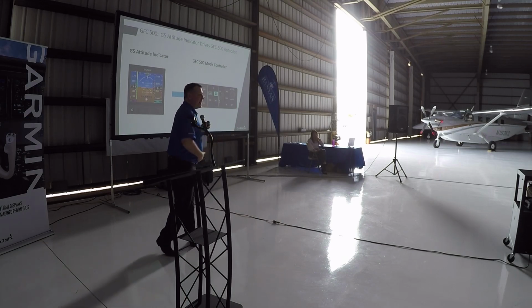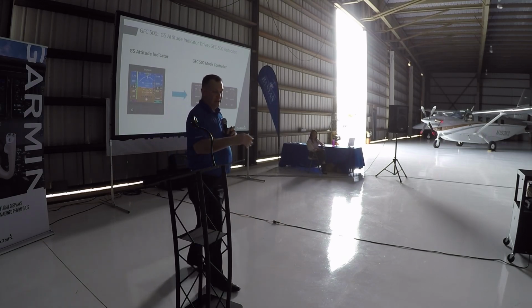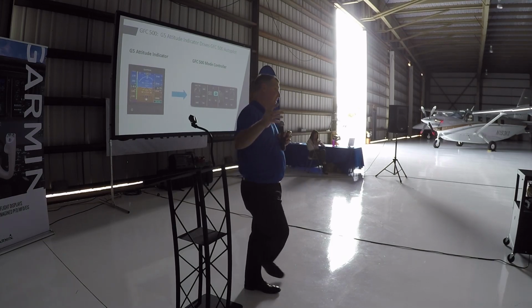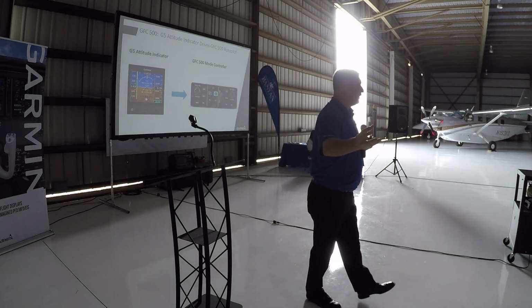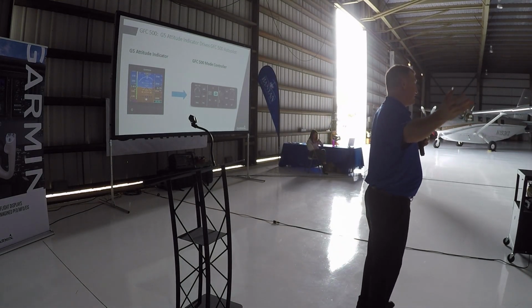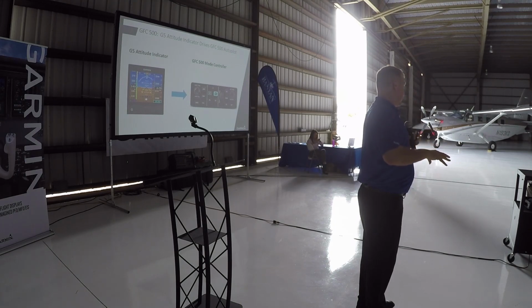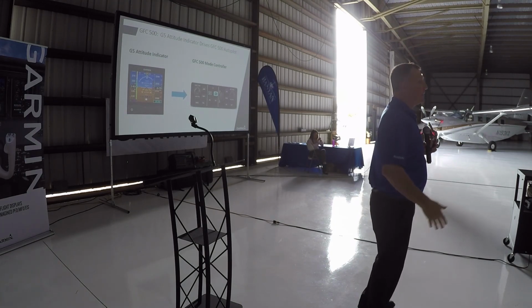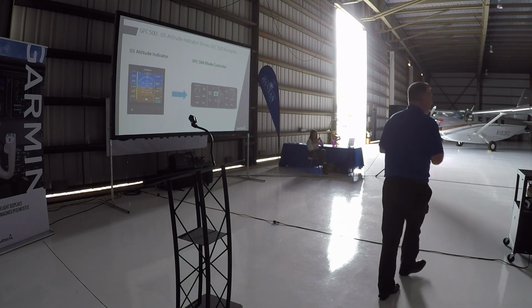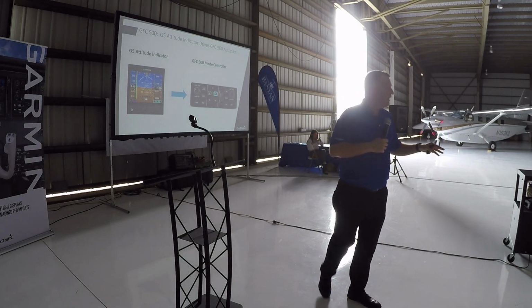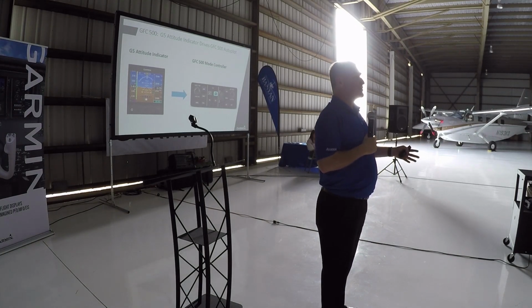Now, I want to point out a couple of things, and this is true of both the GFC 500 and the 600. This is a great new series of autopilots, and as Dave was saying, it's taking a lot of the capabilities of our GFC 700 that's in integrated flight decks and now bringing them to retrofit customers. If you've been flying one of the older autopilots, a lot of those are rate-based autopilots, and a limitation of rate-based autopilots is in vertical mode.